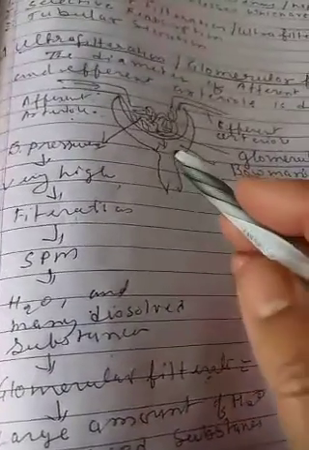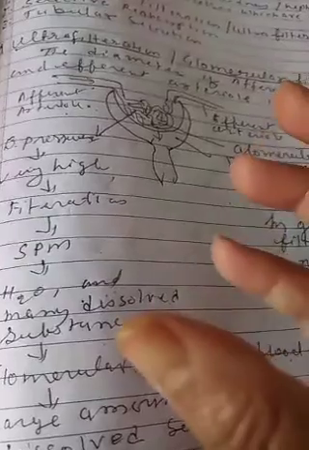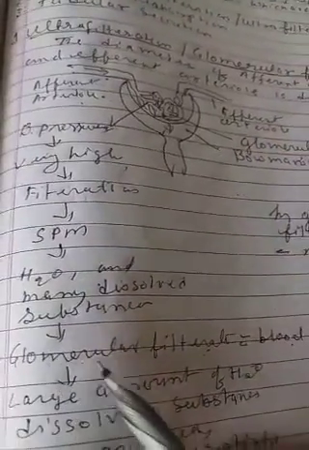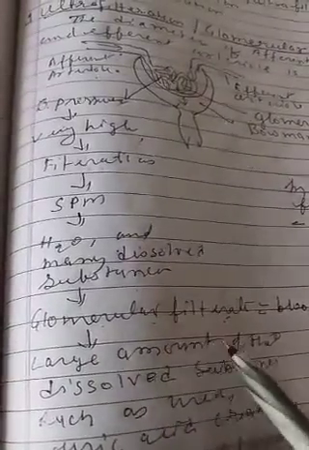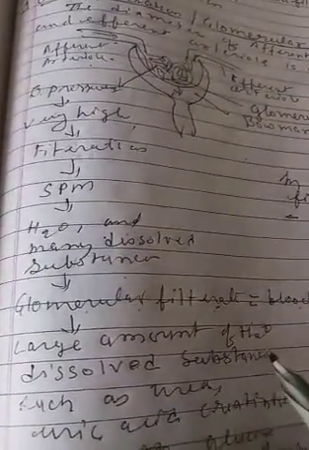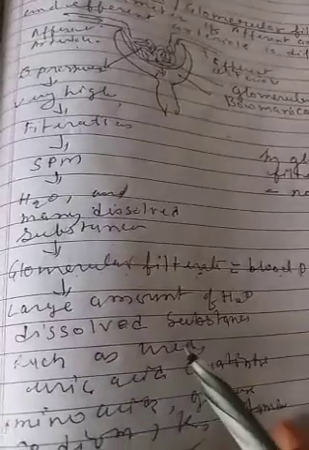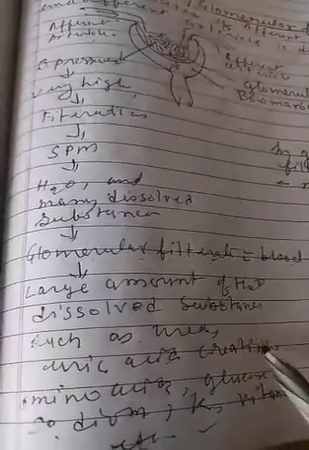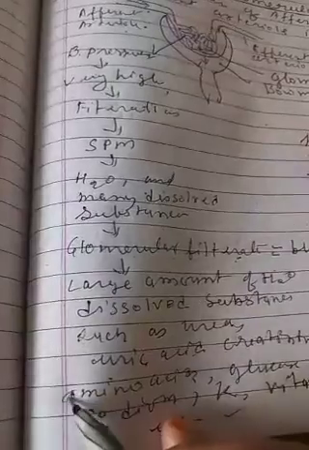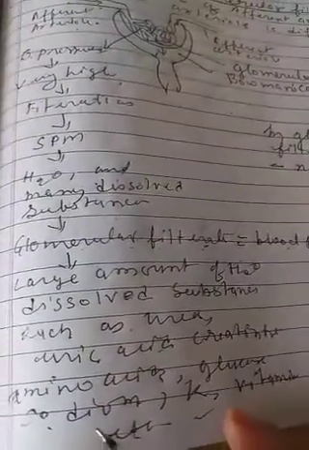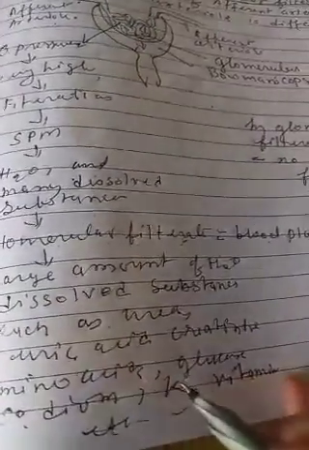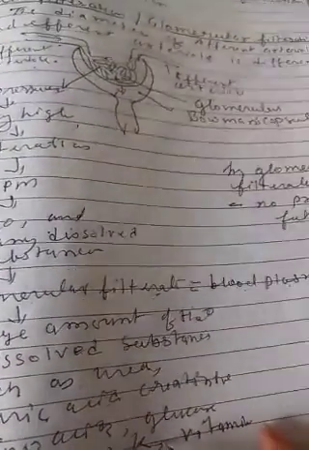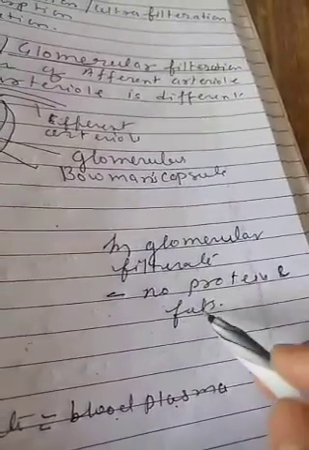This filtrate is known as glomerular filtrate, which contains a large amount of water and dissolved substances such as urea, uric acid, creatinine, amino acids, glucose, sodium, potassium, vitamins, etc. But protein and fats are absent.